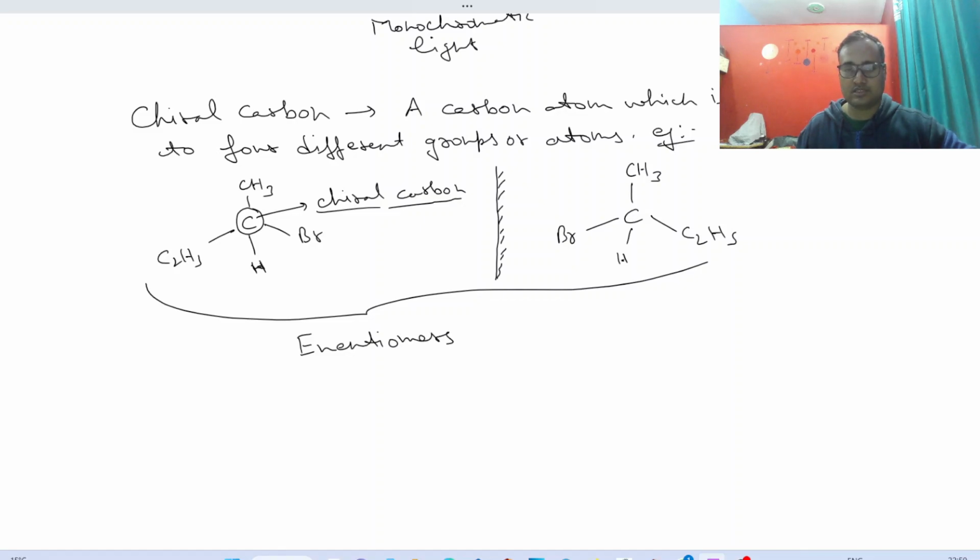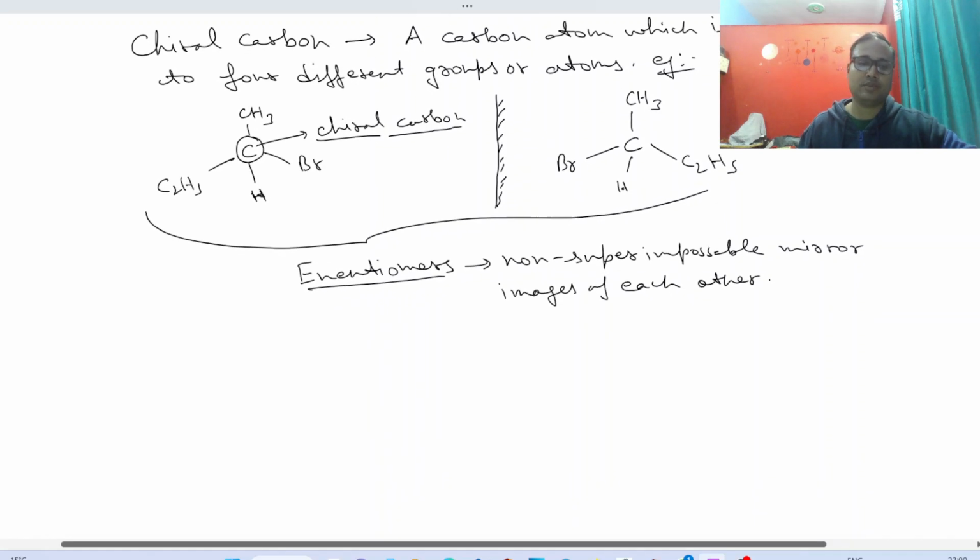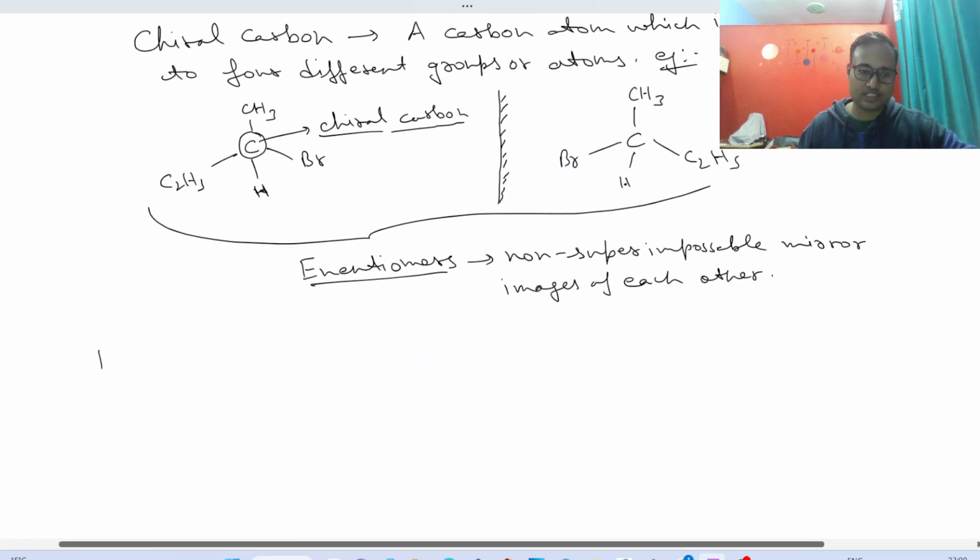We call them enantiomers, meaning non-superimposable mirror images of each other. We have one more term in optical isomerism, that is diastereomers.